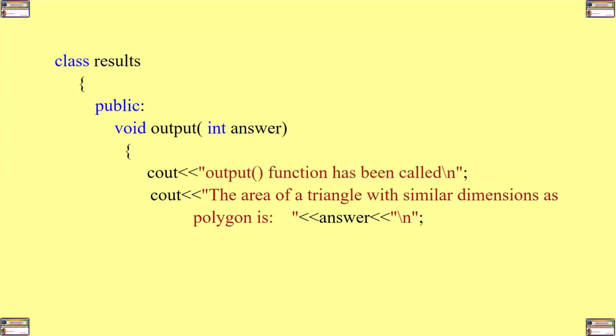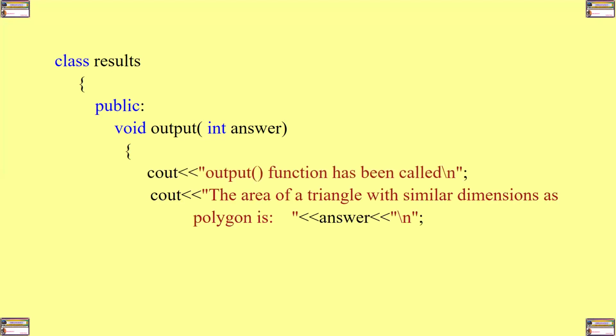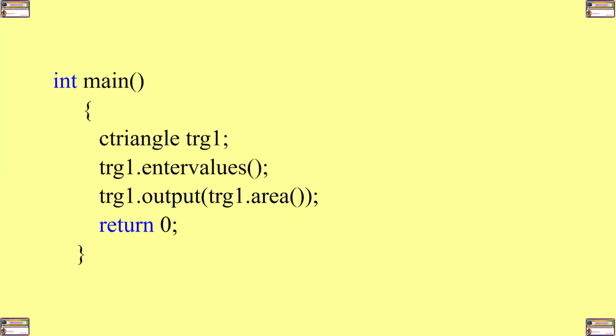Once that value is received, of course, the function will display this statement on the screen and this statement, and then pick the value that has been received as answer and write it on the screen. Good. So that's how this program is going to work. Once that is done, the control will be brought back to the calling program.